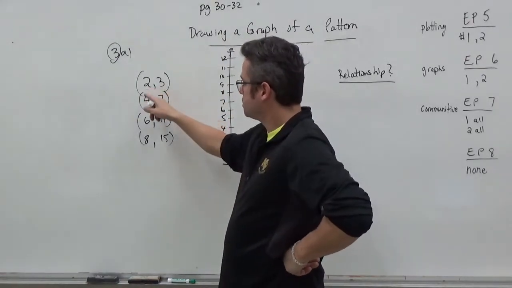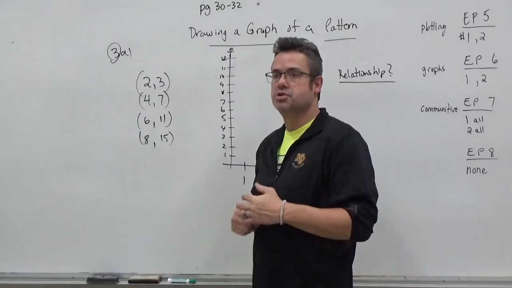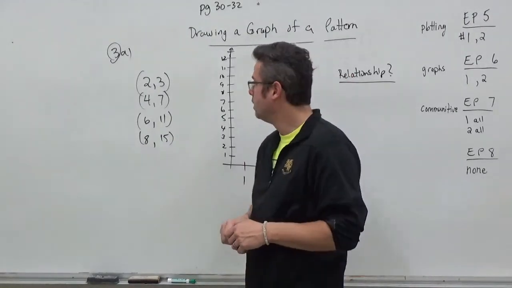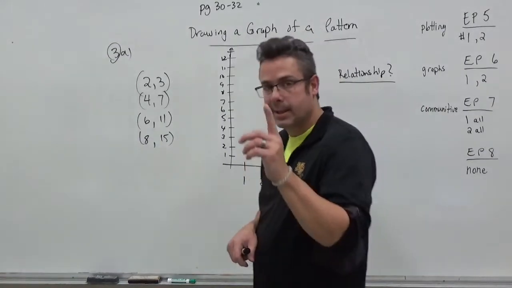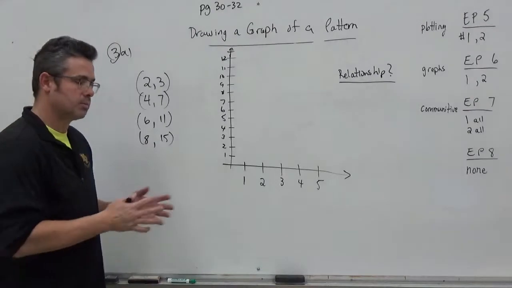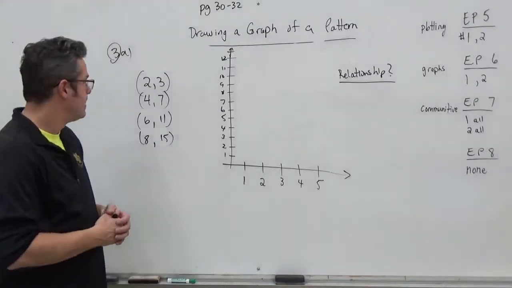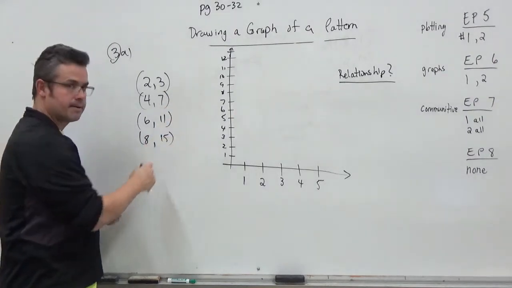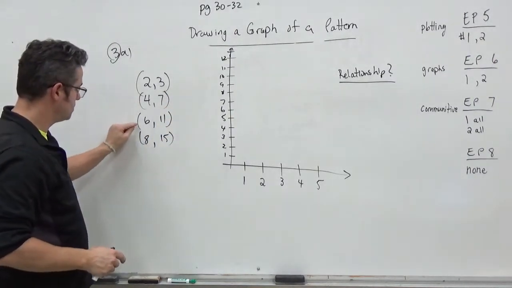Since it's not just going up by 1s, we're going to have to try multiplying and then adding or subtracting a certain number to see what we can get. And here's something I'm noticing. I like to try lower numbers, like multiply by 2, multiply by 3. I see that the output is going up by 4s, but the input is going up by 2s.